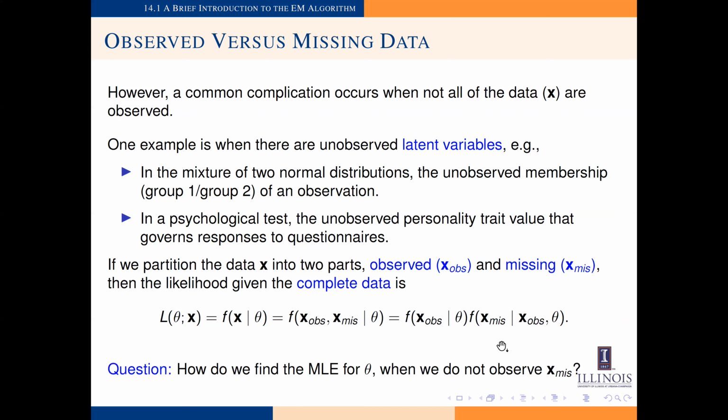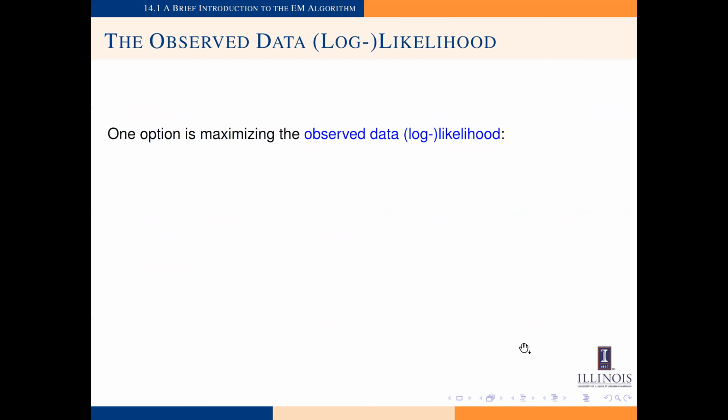One question you might have in this case is how do we find the MLE for theta when we do not observe x_miss? Because we don't observe this part, inside the complete likelihood, x_miss is also unknown, and theta is no longer the only variable left. Well, one straightforward option you might think of is let's maximize the observed data log likelihood. Indeed, theoretically, that is completely doable.